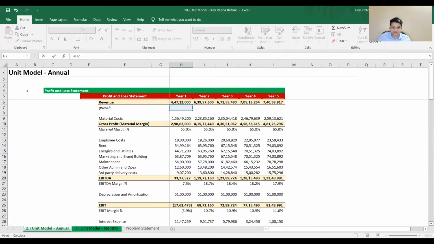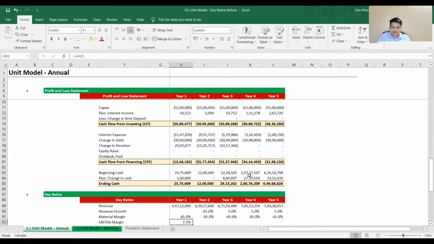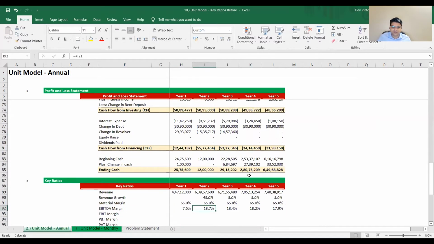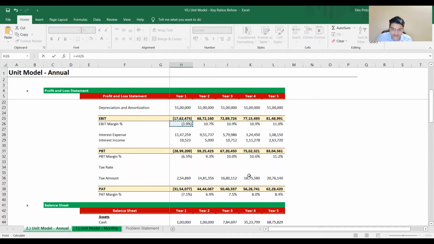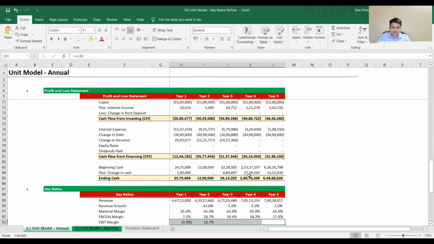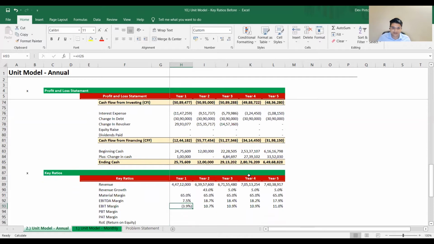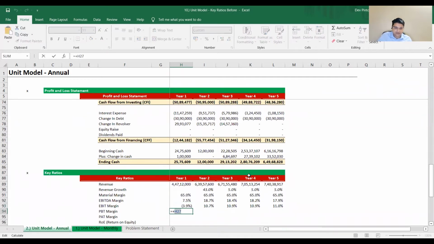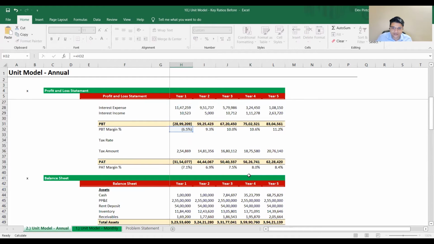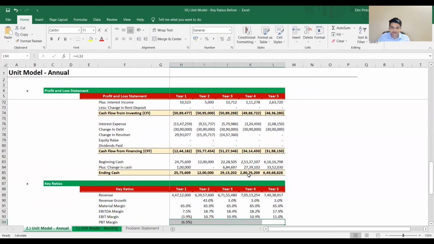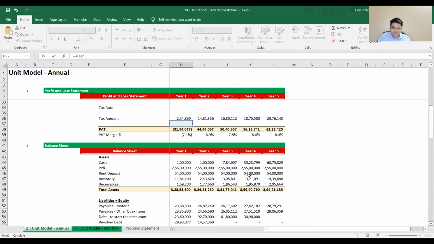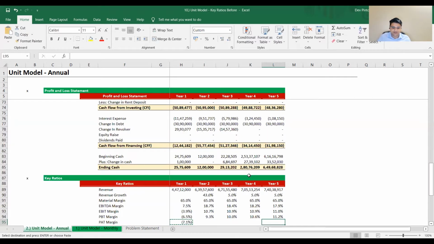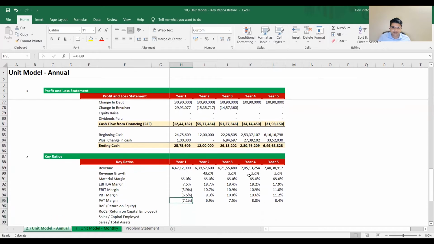EBITDA margin starts at 7.5 and then goes all the way to about 17.9%. EBIT margin, negative EBIT margin in the first year going all the way to 11%. Same thing with PBT. Same thing with PAT.